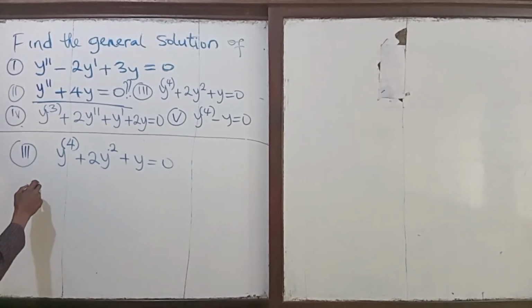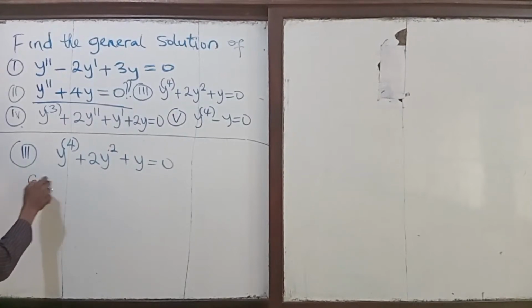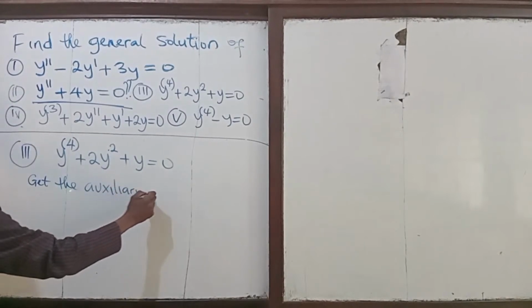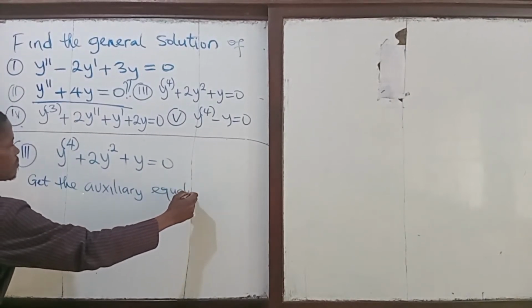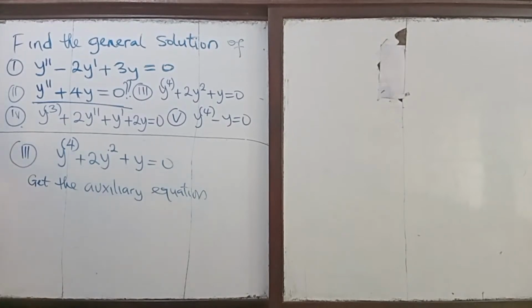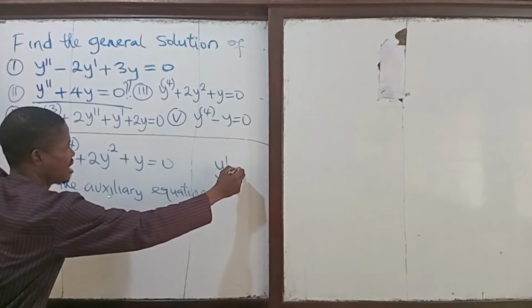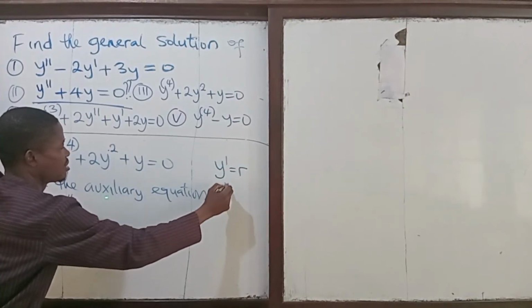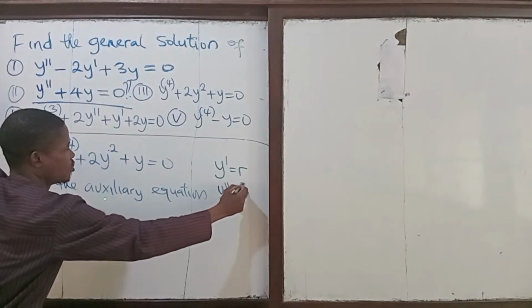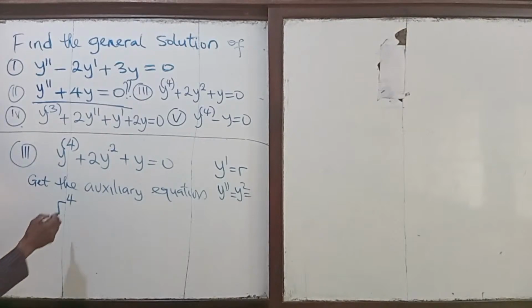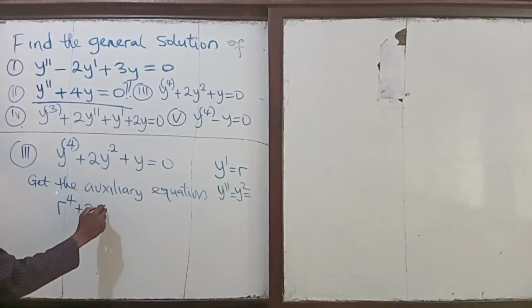The first thing we do is to get the auxiliary equation. The fourth differential will be r to the power 4. Don't forget what I said, that the first differential is r, the second differential is r squared, the third is r cubed, and so on and so forth, plus the 2r squared.